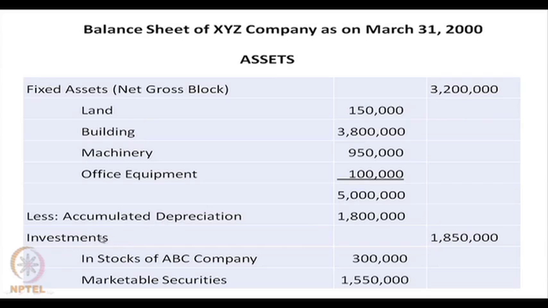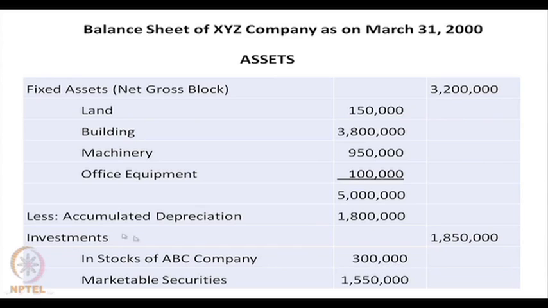Now, we come to another type of long term asset, which is an investment. This is something like a long term investment in another company. This company also buys stocks or shares of some other company, let us say ABC company. This is XYZ company. It buys stocks of ABC company. So, this is a long term investment, and this is shown separately, and this is 300,000.